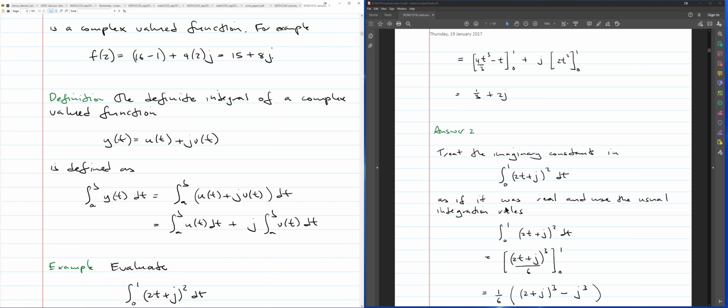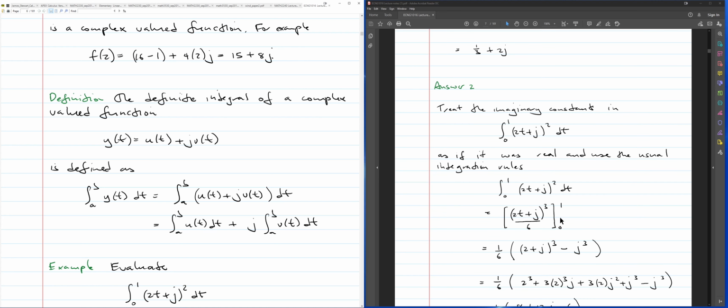But as I said, what you're doing is integrating a power, and you just divide by an appropriate constant so that differentiating gives you back 2t plus j squared. Notice this is what I would have used if the j was just a real number, so I'm using normal integration rules.